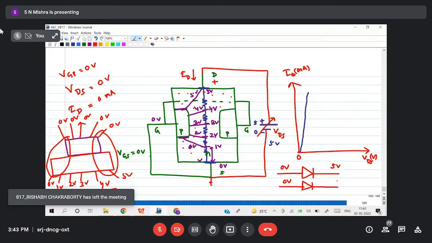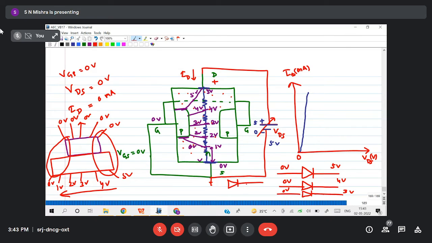This is 0 volt. It is connected to 4 volt. 0 volt, it is connected to 3 volt. 0 volt, it is connected to 2 volt. 0 volt, 1 volt, then 0 volt, 0 volt.